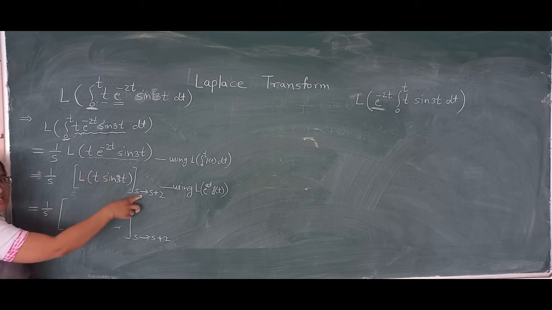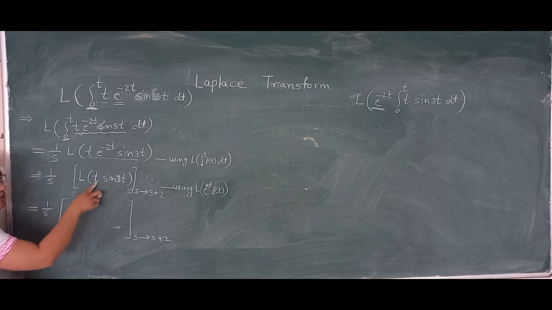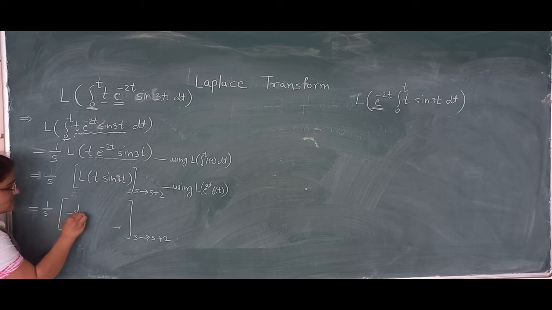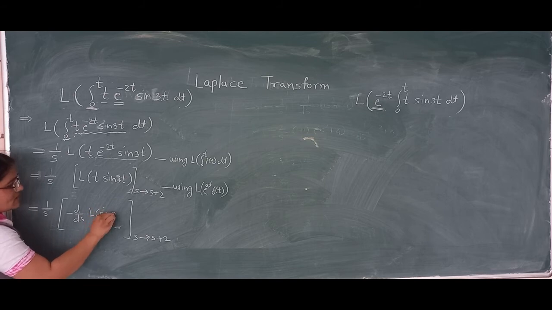One is removed, that is the exponential. The remaining 2 functions are t into sine 3t. So the multiply by t property says minus d/ds of Laplace of sine 3t.